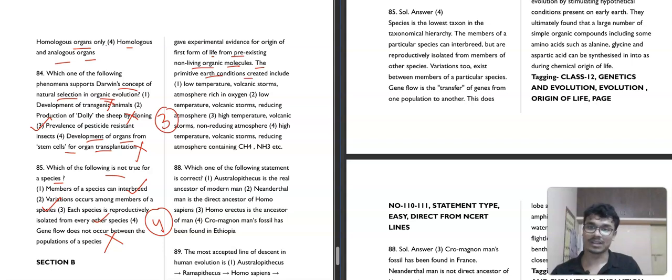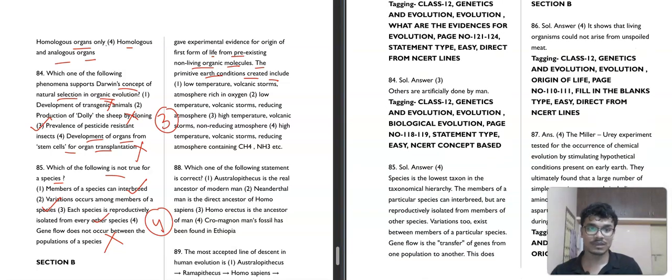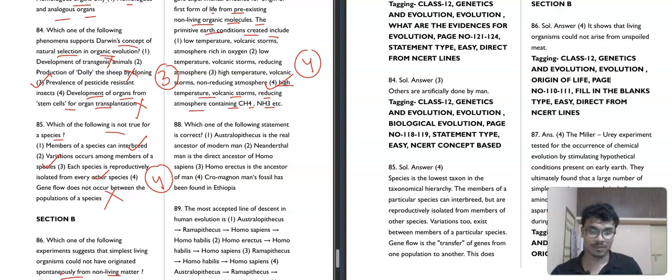The primitive earth conditions created include... So the primitive earth conditions are basically, you can see this: it was high temperature, then volcanic storms are there, reducing atmosphere containing CH4 and NH3. The fourth option will be our correct answer. We are just keeping it fast forward and not reading all the options.